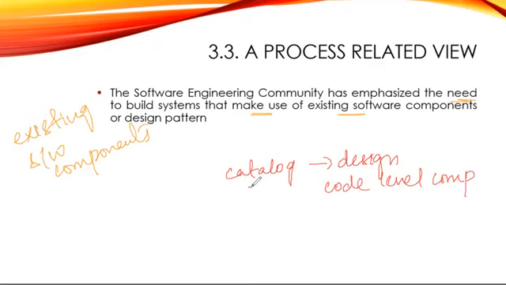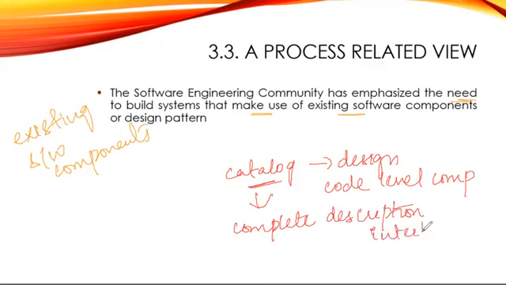Now, within this catalog, you're going to have a complete description of the different interfaces that you're using within the software, what the different functions are, and how the different components are going to communicate. All of these things are made available to the customer.